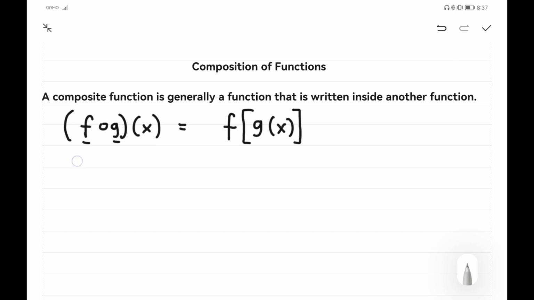So just like for example, meron tayong dalawang given function. For example, we have here the f of x, or start muna tayo sa ating f of x. So we have here f of x is equal to 3x plus 4.